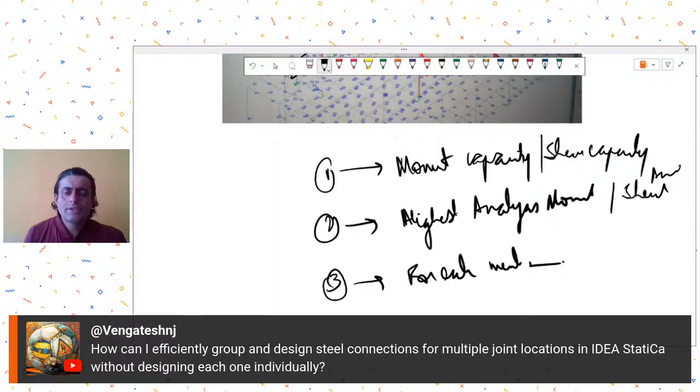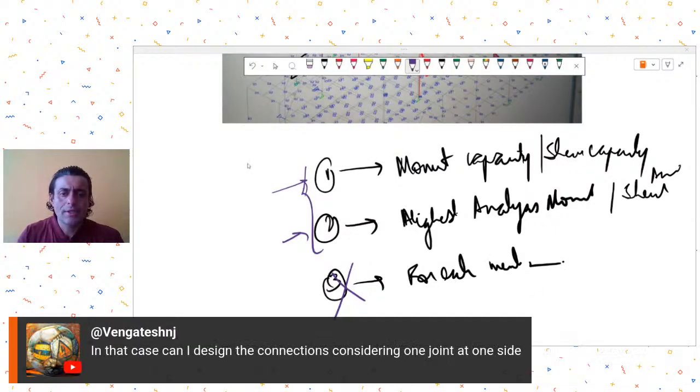So any of these three strategies could be adopted. I would recommend you to do either this or this. This does not make sense. The case three does not make sense, because that will lead to just too many connections which you cannot provide on site, or you cannot fabricate so many different types of connections. So either use strategy one or strategy two.